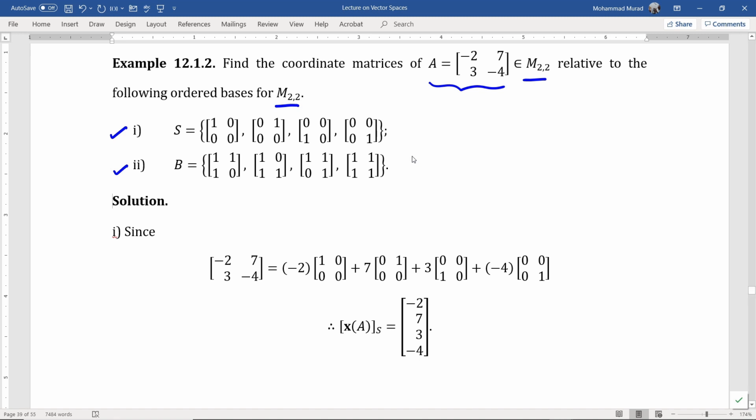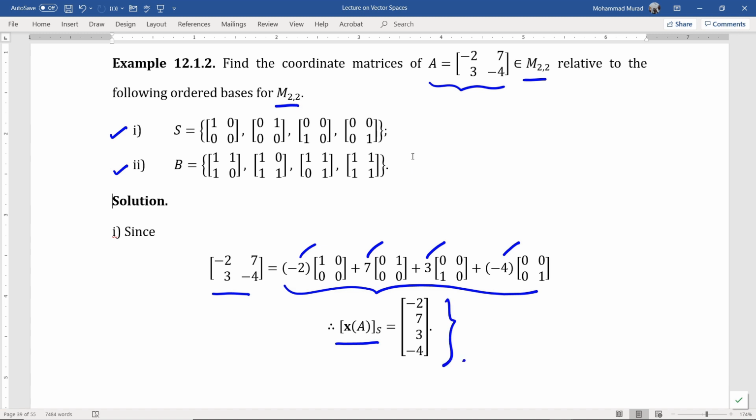Since the matrix A can be expressed in terms of the matrices in the set S as shown, therefore the coordinate matrix of the matrix A relative to the standard basis is the collection of the coefficients written in order but in a column form.